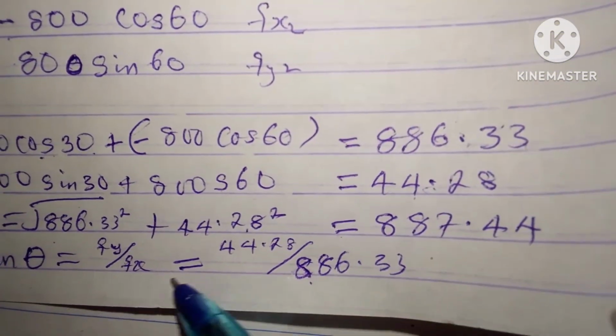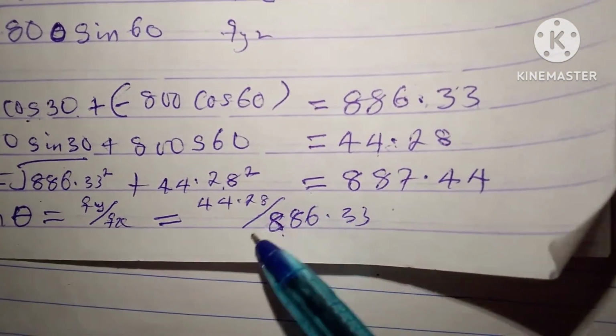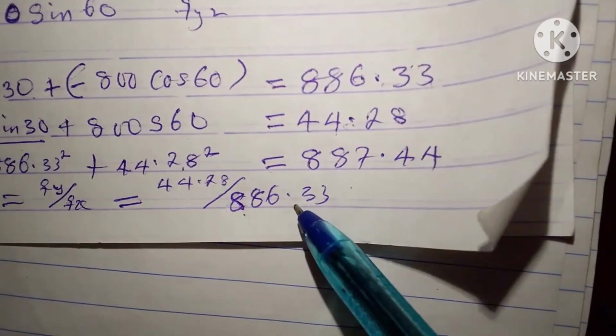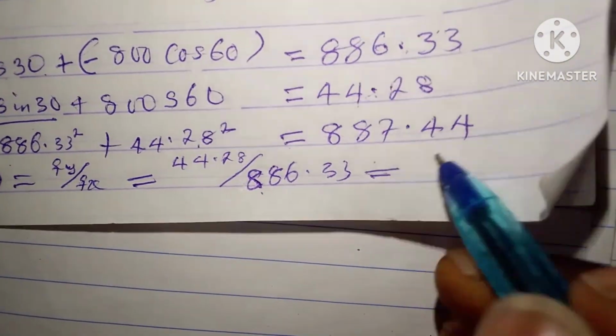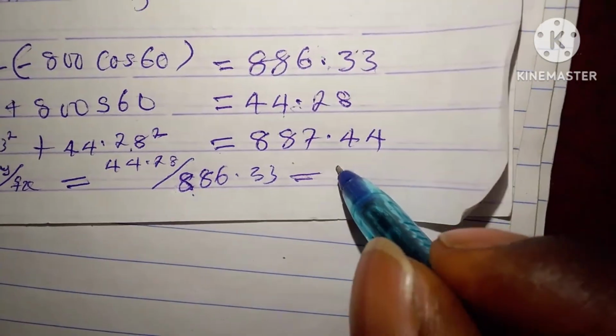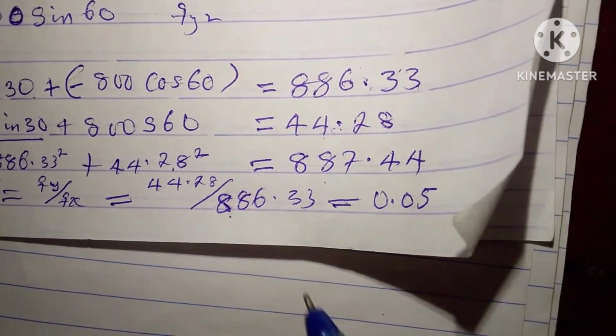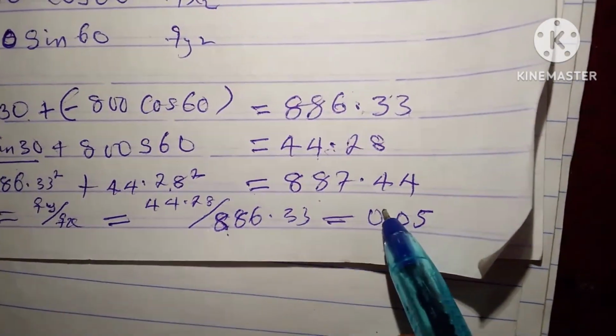If you punch your calculator very well, you are going to have 0.04, approximately 0.05. So this is the ratio of their angles.